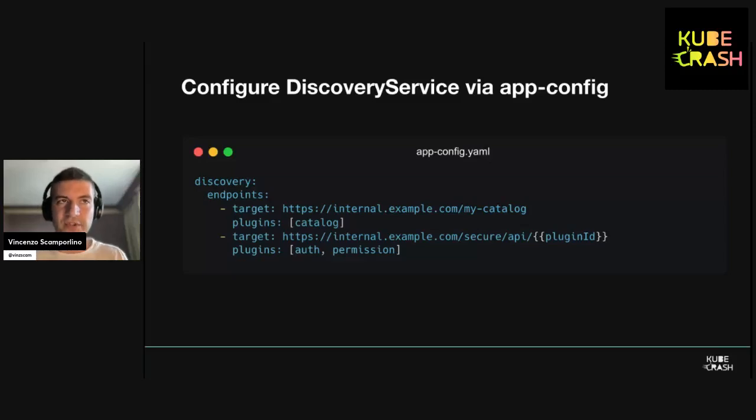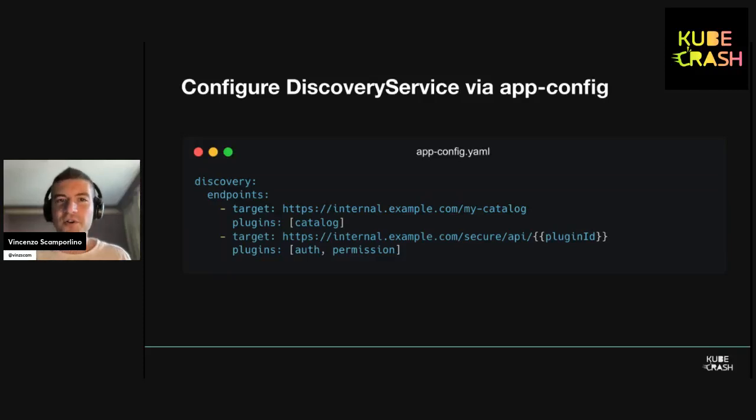And in case multiple plugins use the same pattern, you also have the possibility to reuse a target, a kind of pattern, as shown in the second target. So remember to provide your own Discovery Service implementation if you want to distributively deploy Backstage.